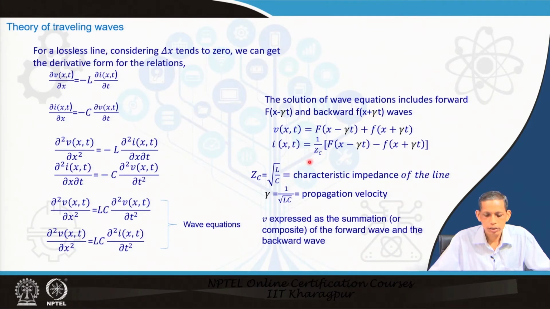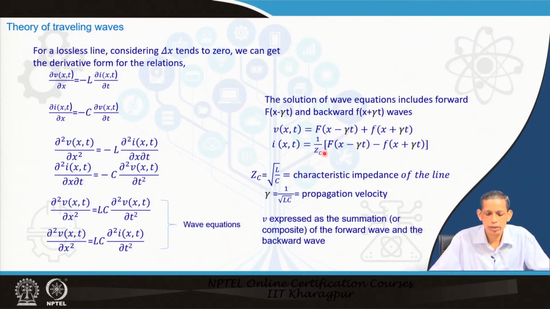You see here only the sign changes, x minus gamma t and x plus gamma t. The forward wave goes along the line, and the backward wave is the reverse side, that is why x plus and x minus. So V(x,t) is expressed as the forward wave plus the backward wave, the summation of these two.